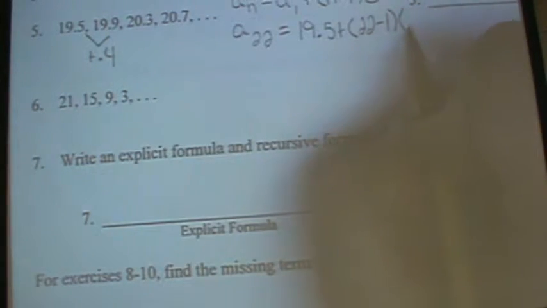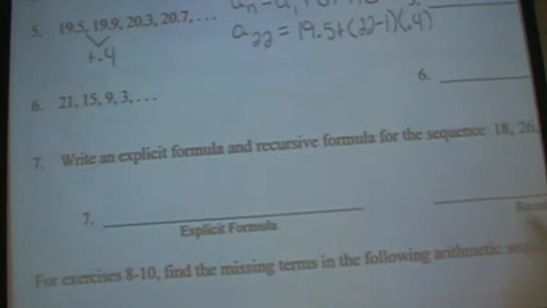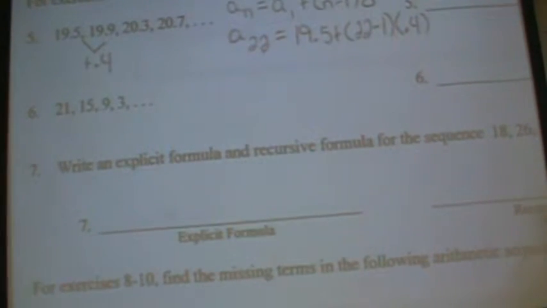Your first term is 19.5. Your n value is 22, so you have 22 minus 1. And then our common difference, each time we're adding 0.4. So we're going to multiply by 0.4, just like what it says in the formula.